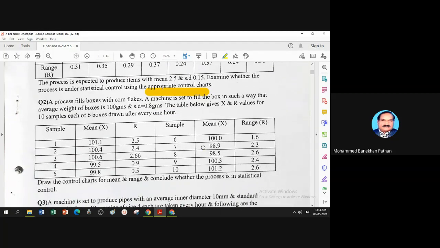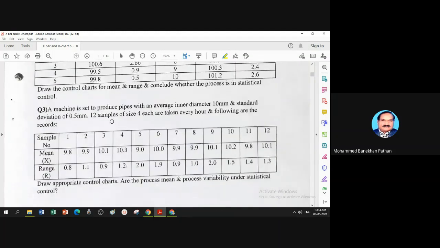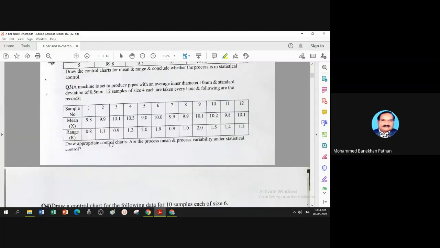This is question number 2. Again, the process average and process standard deviation are given, so it is the same as question 1. In question number 3, you have a process average and a process standard deviation, so it is parallel to questions number 1, 2, 3.